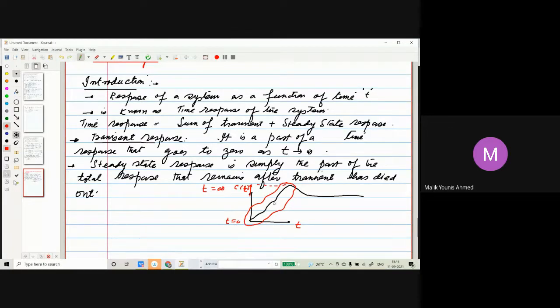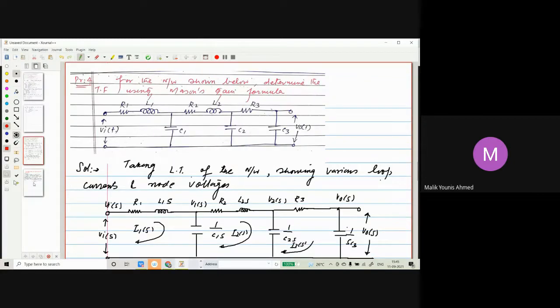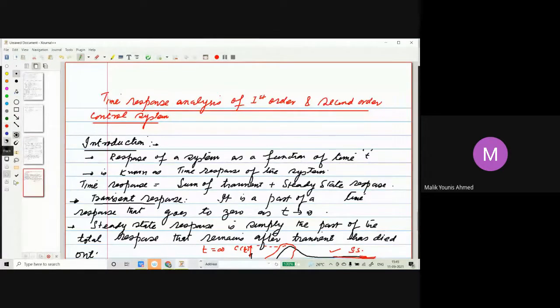As the time progresses, this response will die down, or go to 0, and finally it will settle down at some value that remains after the transient dies out. That part is called the steady state response. So it should be very clear: these are the two parts of a time response.